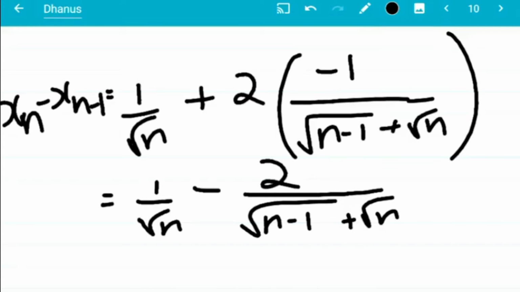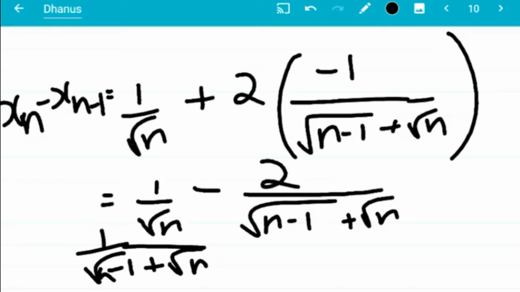Anyway, this term will be less than zero, since 2 by root n minus 1 plus root n will be greater than 1 by root n.